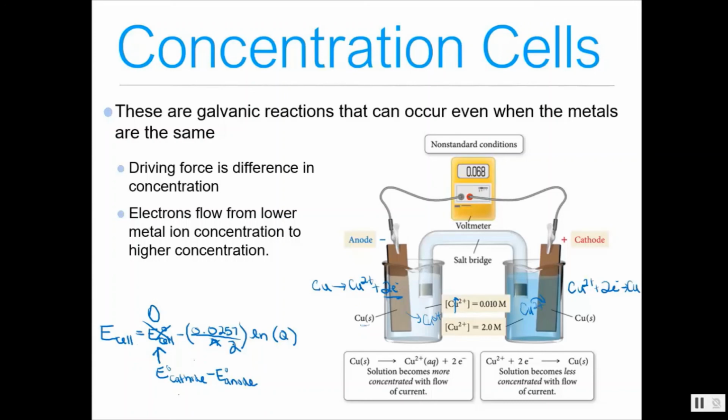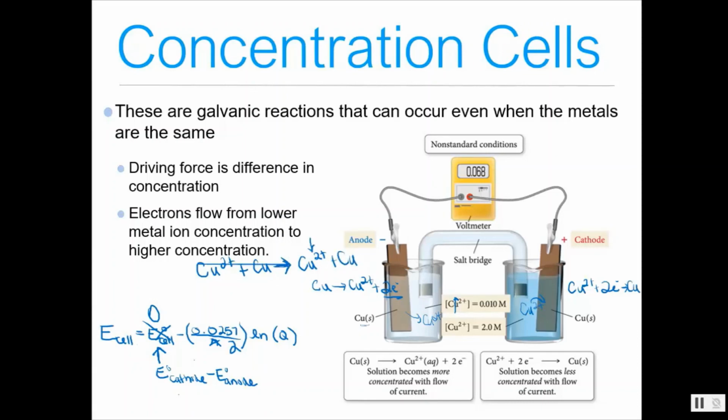And then our Q is just going to be products over reactants. Our overall reaction is going to be copper 2+ from our reduction half reaction plus solid copper from our oxidation half reaction, forming copper 2+ and copper.